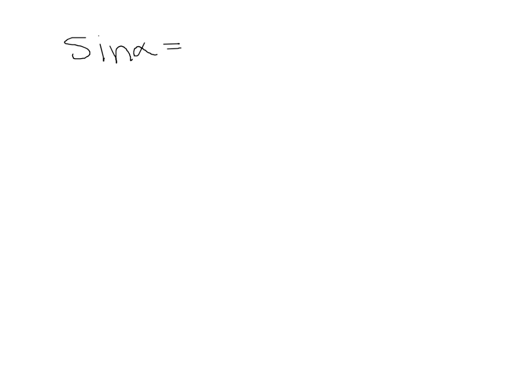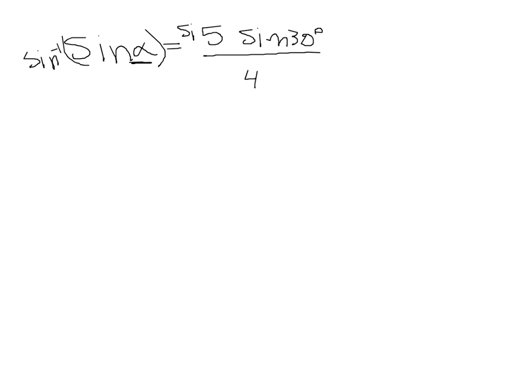Okay, so let me rewrite the equation. Sine alpha is equal to 5 sine 30 over 4. And now I need to solve for the angle. Notice that's the only variable. I apply the inverse sine to both sides. And so the sine and the inverse sine cancel.